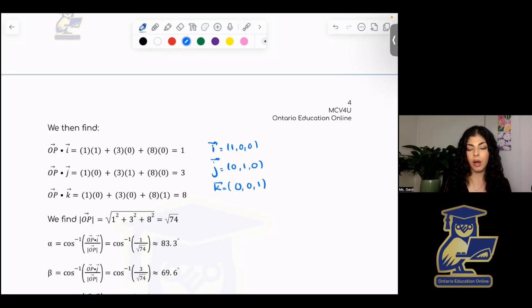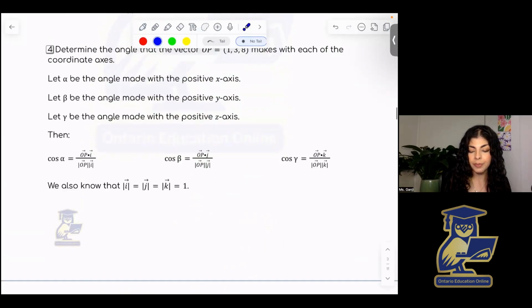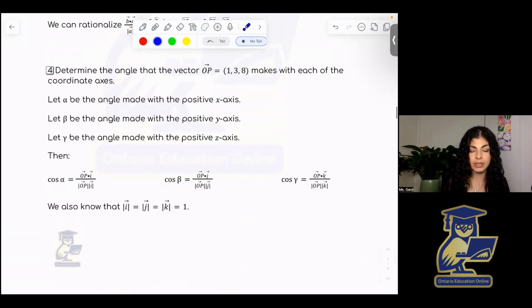So when you find the dot product using the dot product for algebraic vectors, then really these two zeros are not contributing to our dot product. So really it's just whatever the x component is, times 1. So it's just the x component. And this is just the y component. And this is just the z component of OP as we saw up here, which was (1, 3, 8).